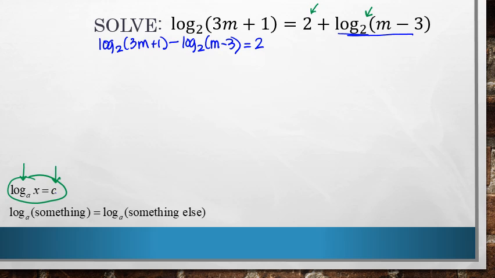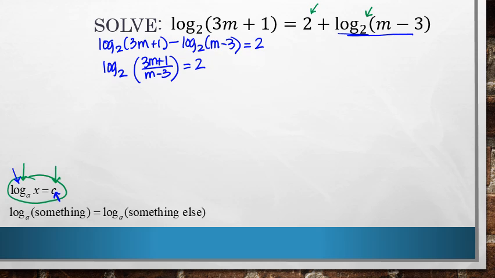So now at least I have the constant on one side, but I still need to get on the left-hand side of the equal sign those combined into one logarithm. And this is where I can use that quotient property. So since these are both log base 2, I can rewrite these as (3m plus 1) divided by (m minus 3) as a single logarithm. Now I have it in that form.